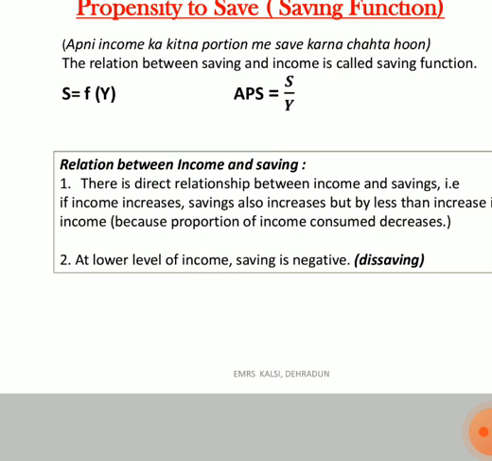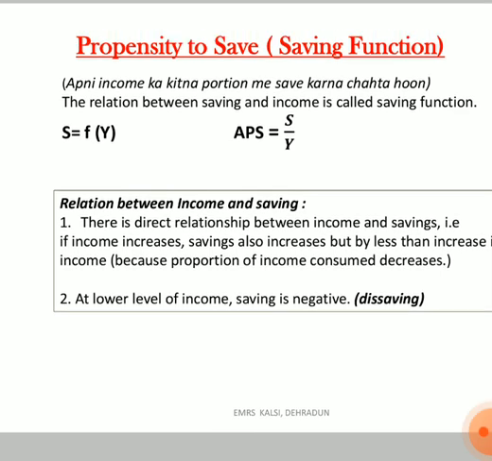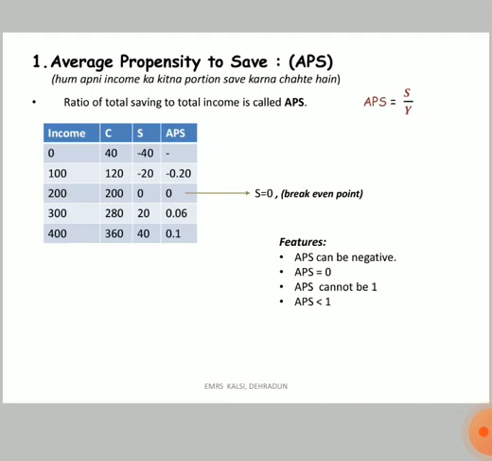As we have studied earlier, when our income is zero, we still have to consume. So where is that consumption coming from? That consumption is coming from our savings. It means we are earning less and consuming more.